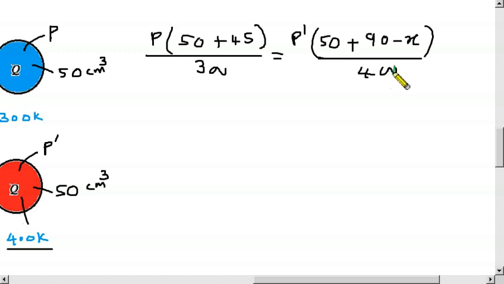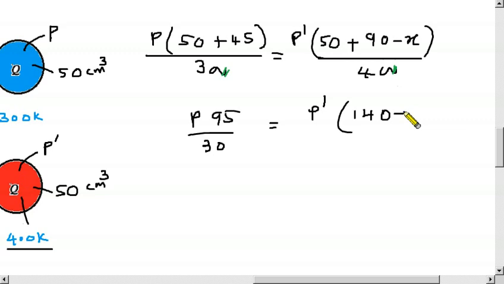Let us cancel only this 0, then we get P times 95 divided by 30 equals P dash times 140 minus x divided by 40. This one is the second one.